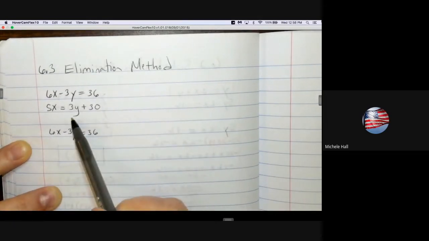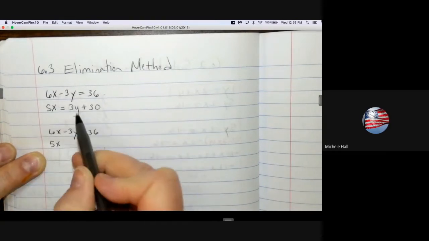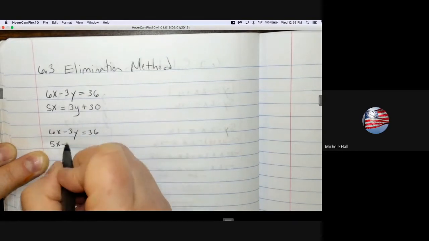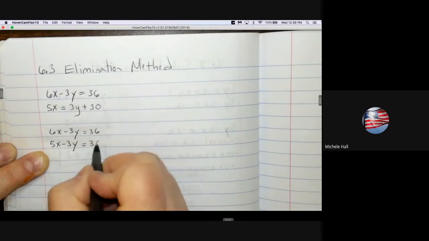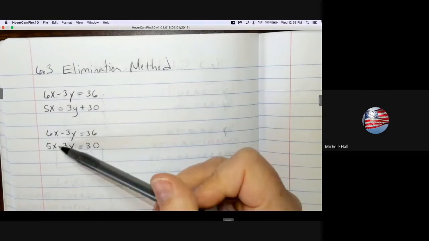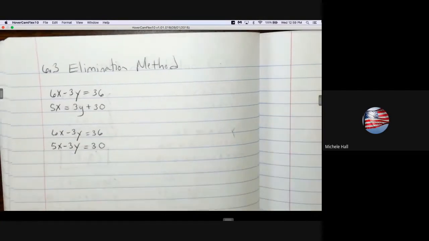And for the second equation, we have 5x, and I need to shift my positive 3y over to the left. I'm going to do the opposite of 3y and get a negative 3y equals 30. I'm looking at my variables here. 6 and 5 is 11. Negative 3y and negative 3y is negative 6y. So nothing's going to cancel.